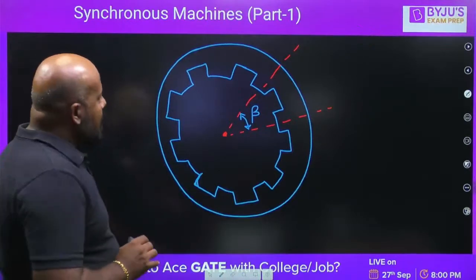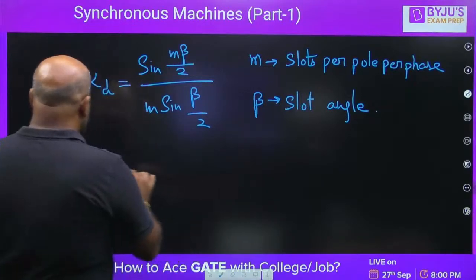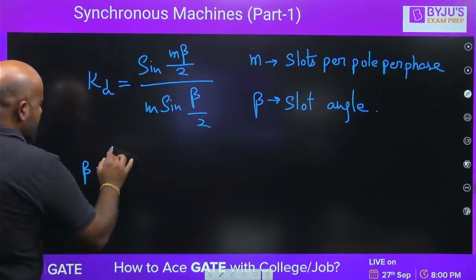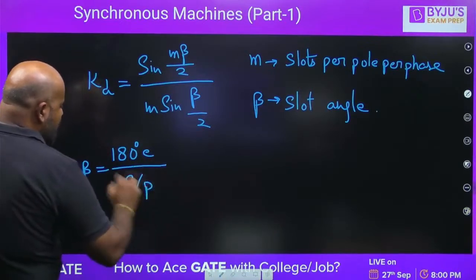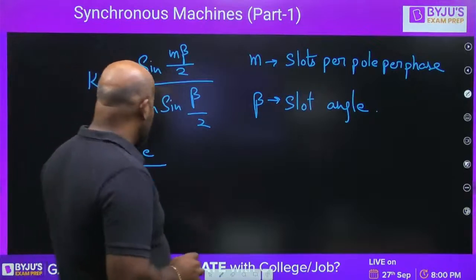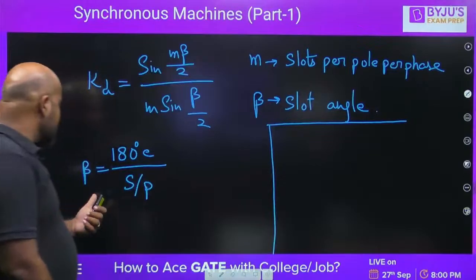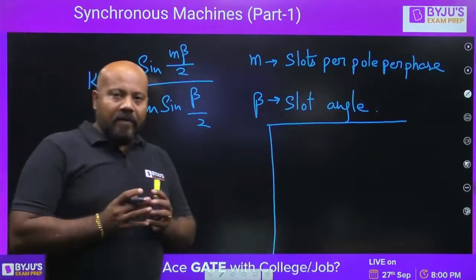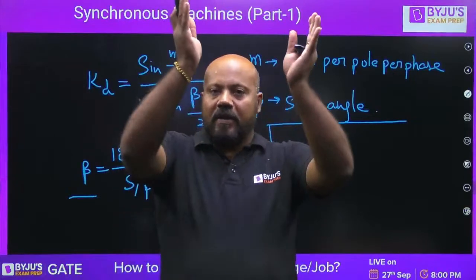Now, how do we define this angle beta? Beta is 180 degree electrical times the number of poles, divided by the number of slots. Beta is the slot angle, the angle subtended by one slot.